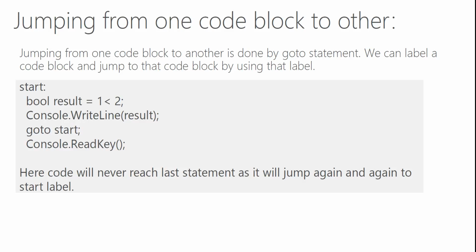You can see the example of the goto statement in the program. Here the code will never reach the last statement as it will jump again and again to the start label.